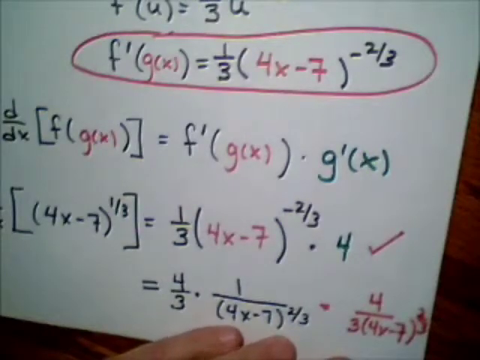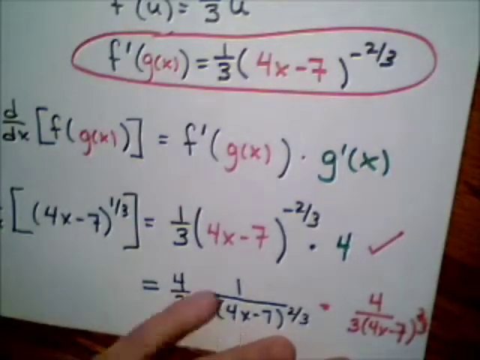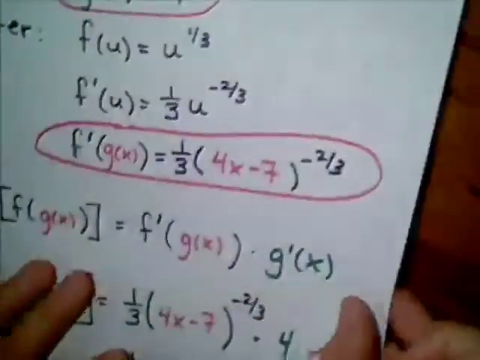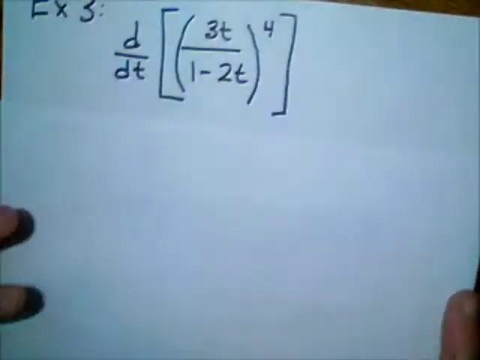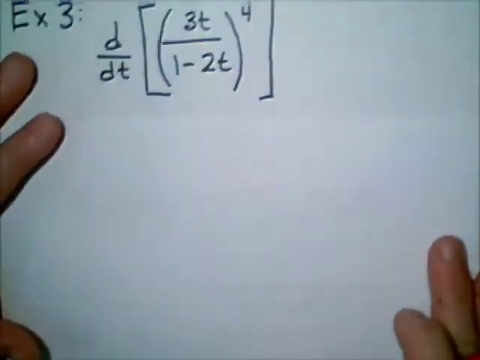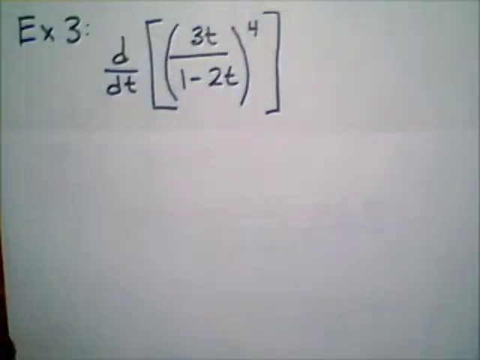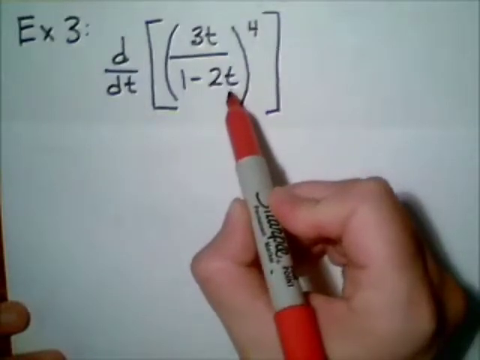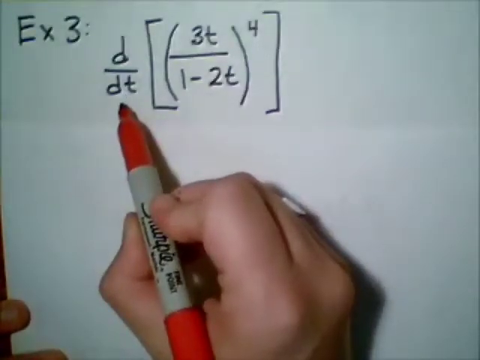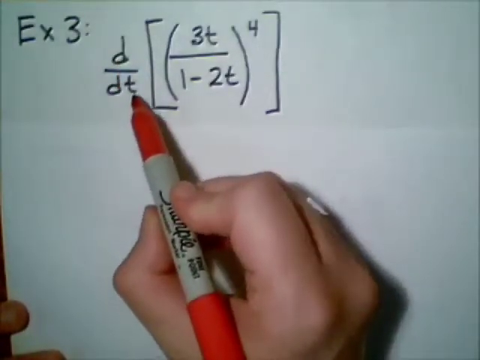Okay. One more example of the chain rule coming up. We're going to have a composition with a quotient as the innermost function. So let me remind you what that was going to be. And since I chose to write my innermost function as a function of t, the first derivative will be written with respect to t.